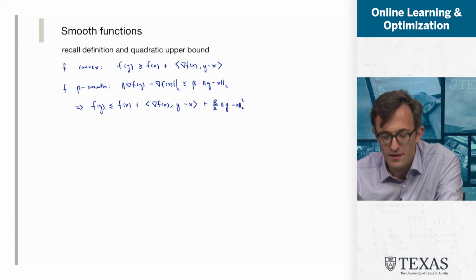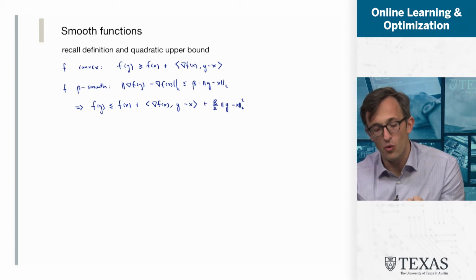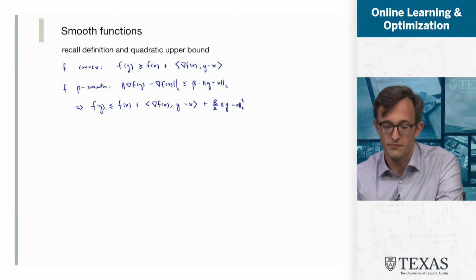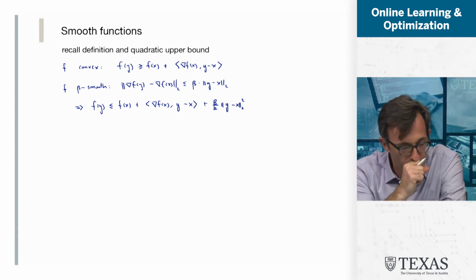Again, note that this upper bound actually touches the function at the point y equals x. So it touches it at the point of approximation. And that's why something like the absolute value function at 0 cannot be upper bounded in this way by a quadratic.